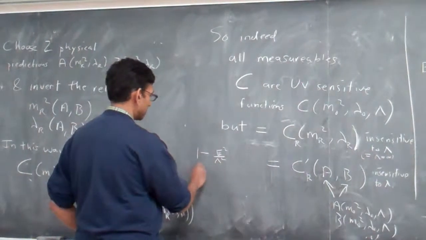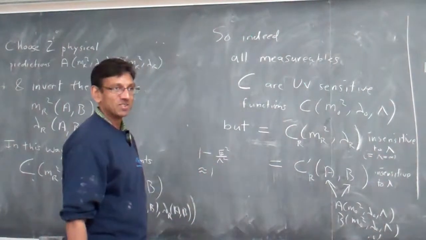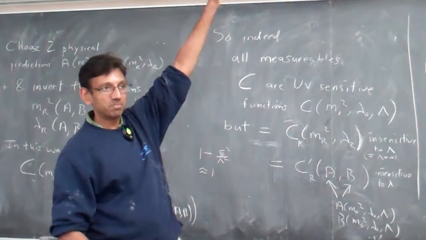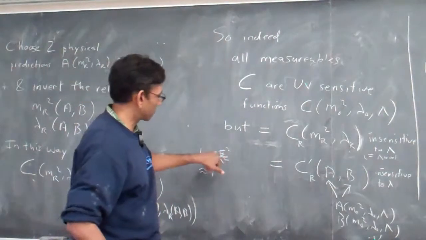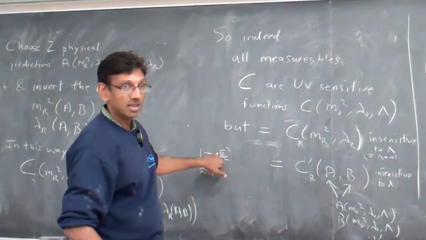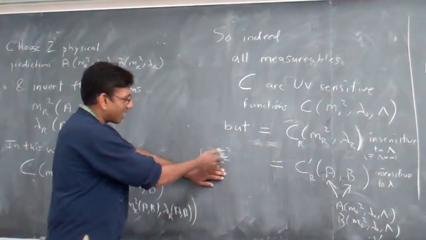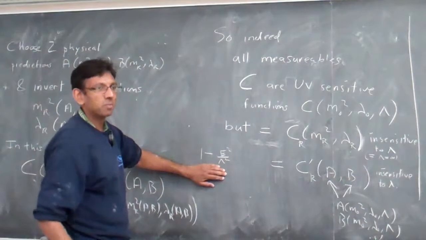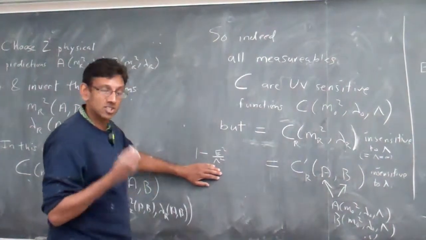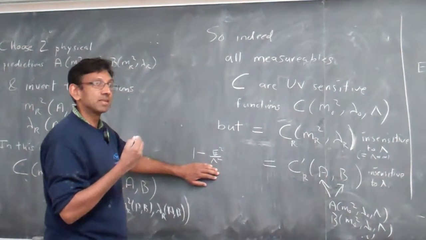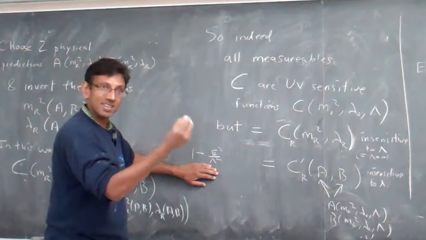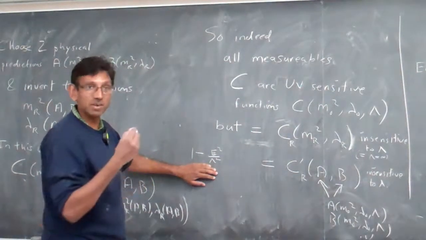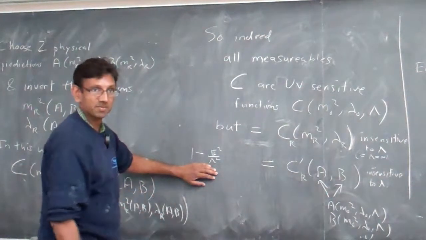That means that this is approximately 1 if your energies are smaller than the cutoff. So if you're imagining a cutoff vastly bigger than your experimental energies, then you can say, oh, I want to keep that, even though it's insensitive, it is a function of the cutoff. But the very word insensitive to large cutoff means that the limit of the cutoff being infinity is actually a good approximation to the truth.